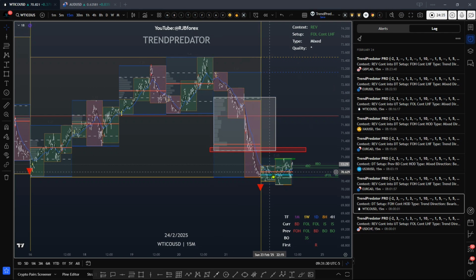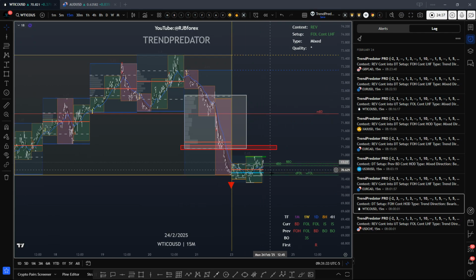So that could be wanting to continue lower. But let's wait and see if the market shows us that that's what it wants to do. What it might do is break up, come back down, give us a fake out high of the London box and of Asia. And then if we break below the lows of Friday, that could be our fuel to come lower.